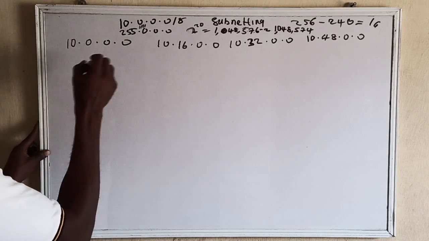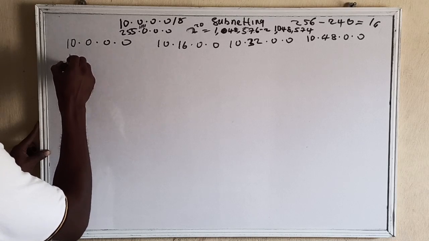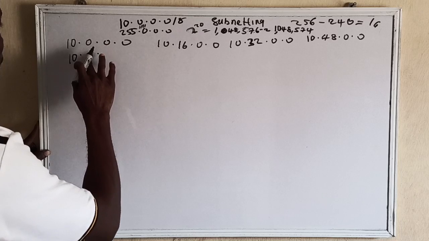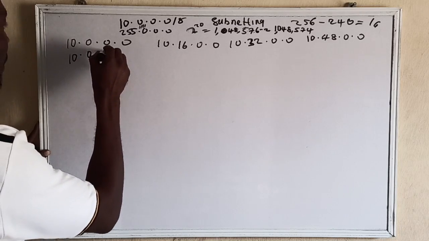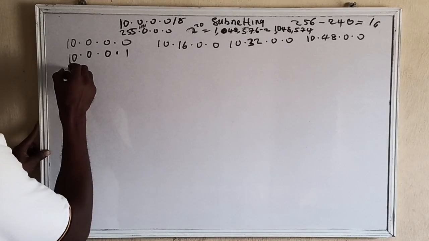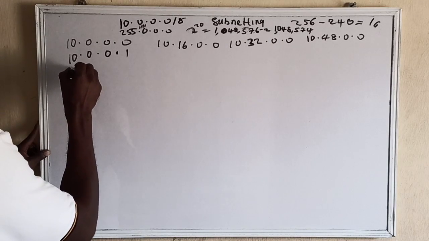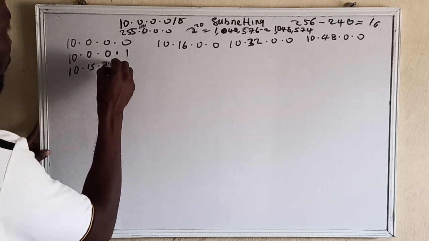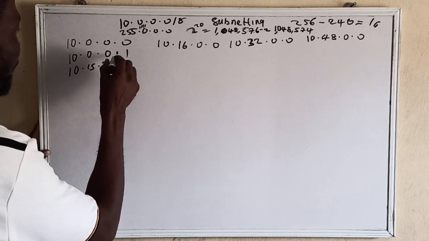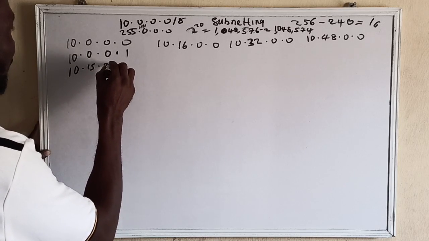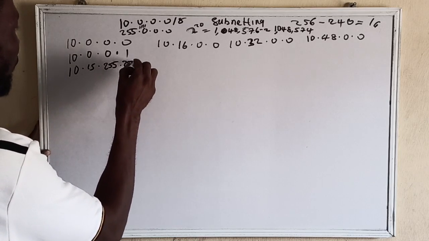Then it starts. This is the first IP address of this first subnet, and the last one is 10.15.255.254.